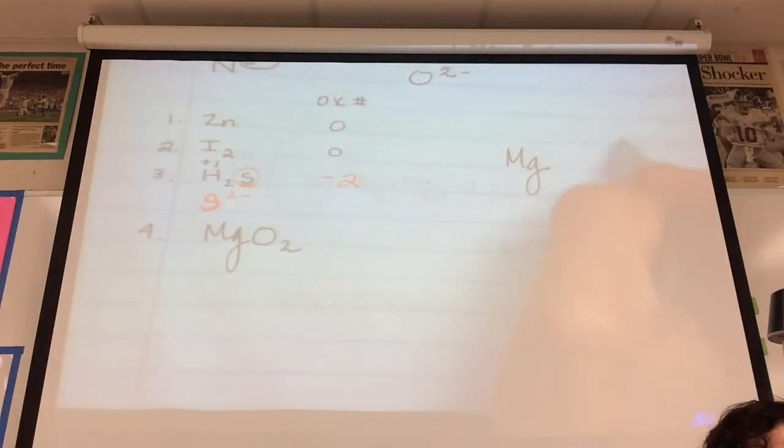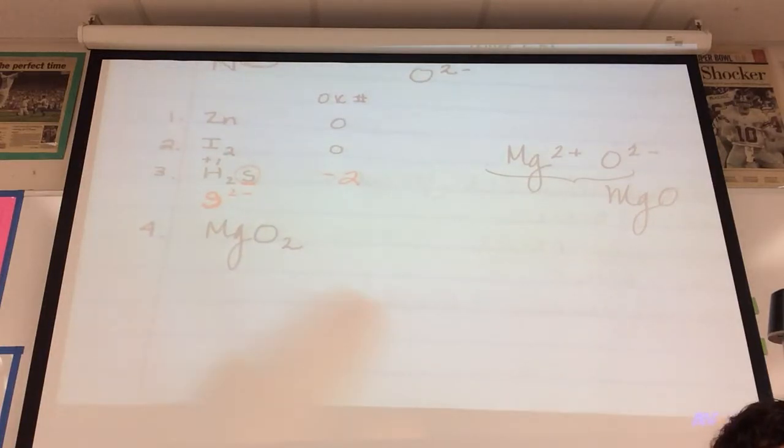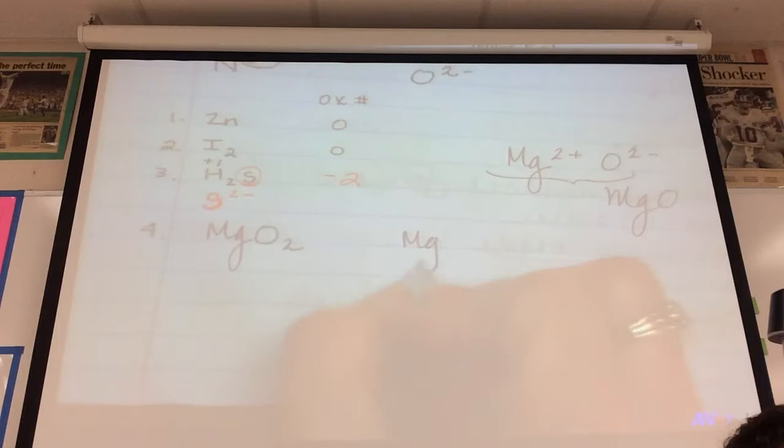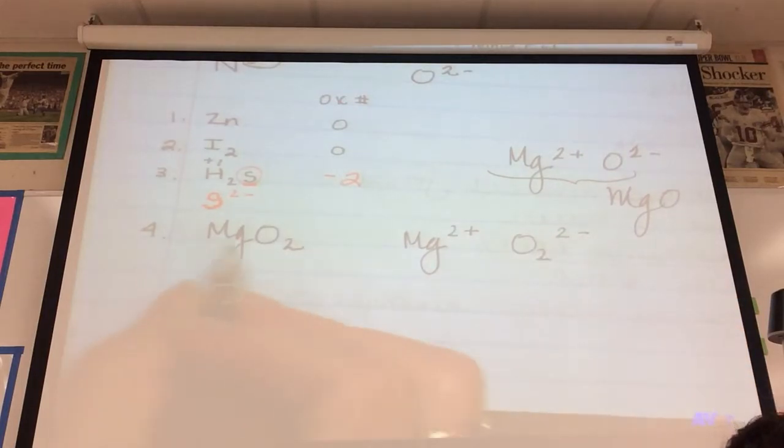What's its charge? Oxide is 2 minus. So magnesium oxide would be this, right? Remember I said peroxides almost look funny? Where this came from is you have magnesium 2 plus and peroxide 2 minus. So those 2's that you swapped and dropped canceled.